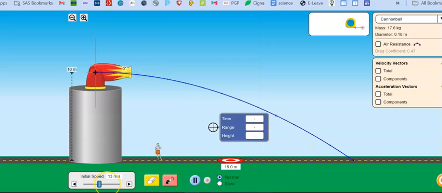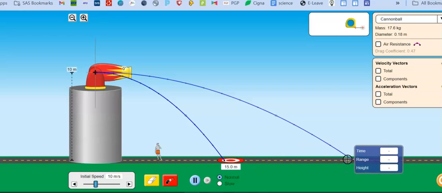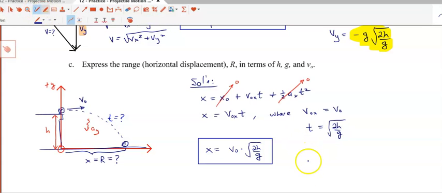But then if I fire it at a speed of, say, 10, and I see where it goes, you'll see that the range here is about 14.28 meters, and then over here, guess what it's going to be? 28.56. It's double, because the horizontal range is proportional to the horizontal speed. So the faster you fire it, the farther it goes horizontally. But the time in the air only depended on the height that it was fired at and the acceleration due to gravity.